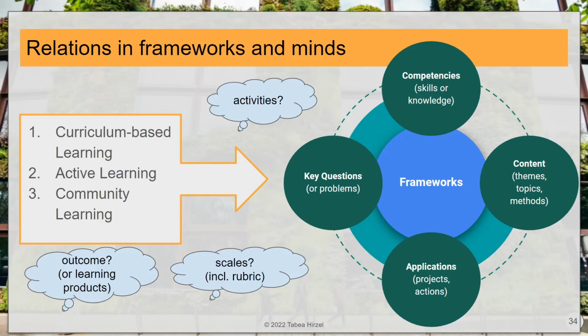We speak about contents, which means themes, topics, methods. We speak about key questions, also problems, which is very close to it. And then we have applications, projects, actions, objects we produce.